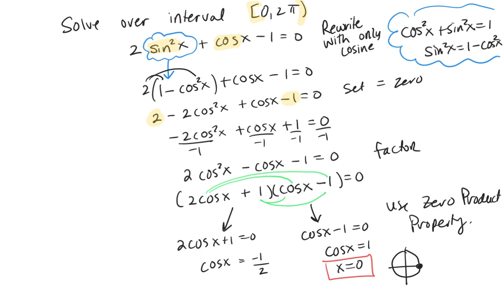And again, thinking about our unit circle, cosine of x equals negative 1/2 in 2 places on the unit circle. Cosine is negative in quadrants 2 and 3, and negative 1/2 at 2 pi over 3 and at 4 pi over 3. So we've got x equals 2 pi over 3, 4 pi over 3, and 0.